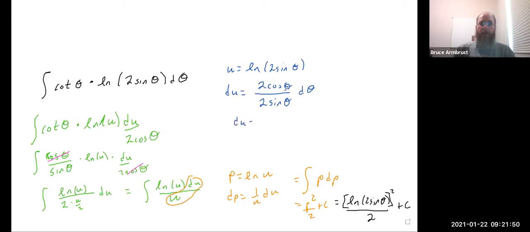And if we remember our trig, cosine over sine, oh look, that's our cotangent. So if you come back over here and you look at this integral, if I now turn that into the u's, I've got the natural log of u, the natural log of 2 sine theta, that is my u. And then the cotangent d theta, those are all du.